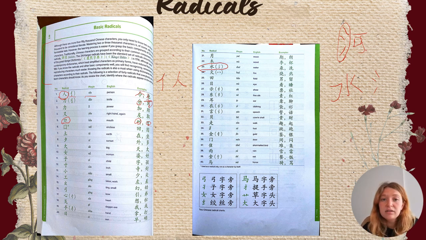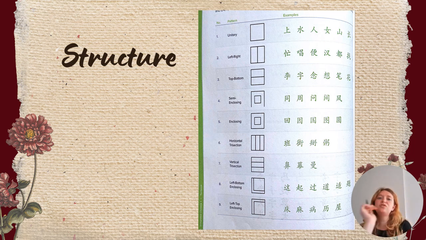Moving right along. The structure of Chinese characters. And you'll notice this because you're going to start using your character workbook this week to practice writing in a box. Each character, in theory, takes up a box of space.